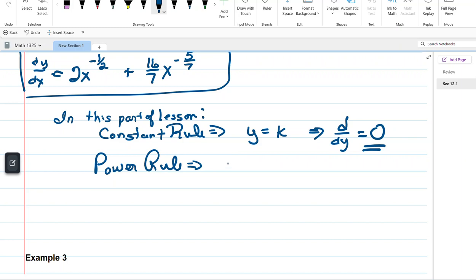So we have y equals x to the n, dy/dx, sorry about that, equals n x to the n minus 1.